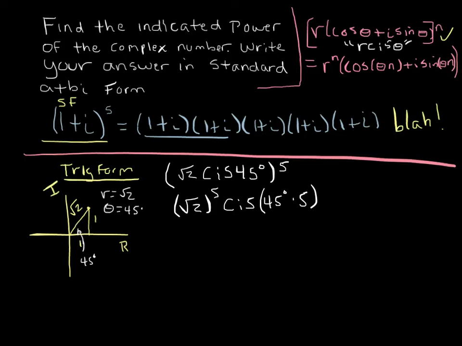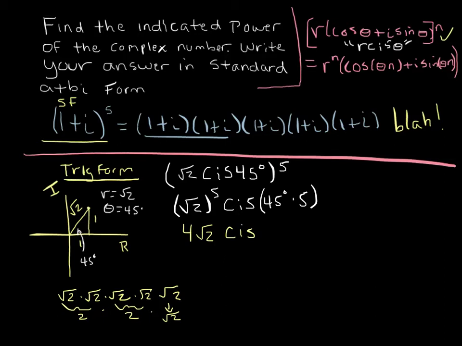That is root 2 times root 2 times root 2 times root 2 times root 2. But that's just a 2, and that's just a 2, and that's a root 2 left over. So it's 4 root 2 cis. And 5 times 45 is 225 degrees.